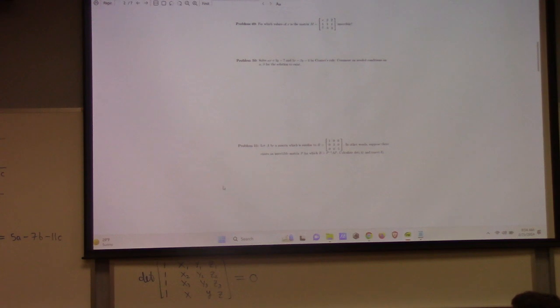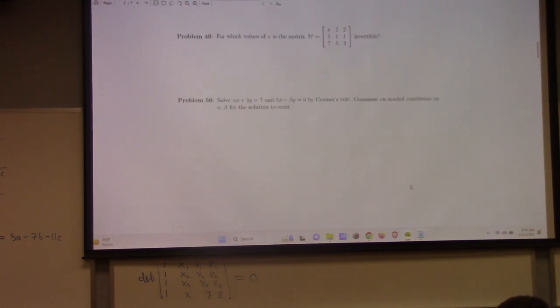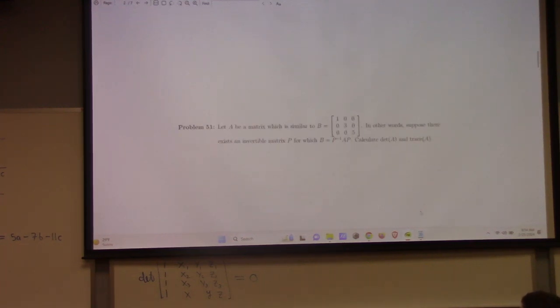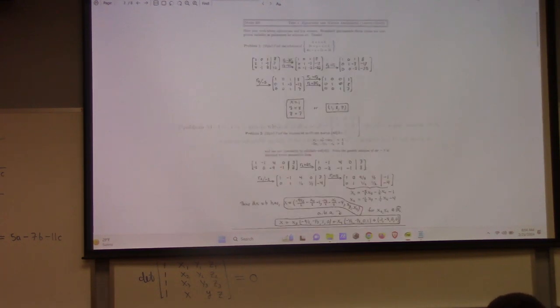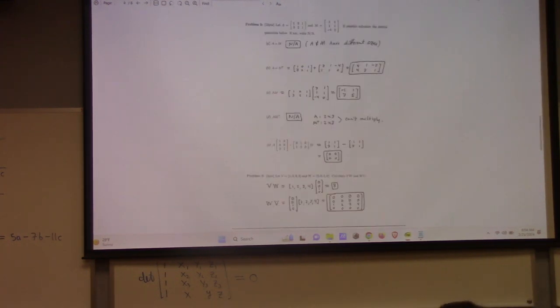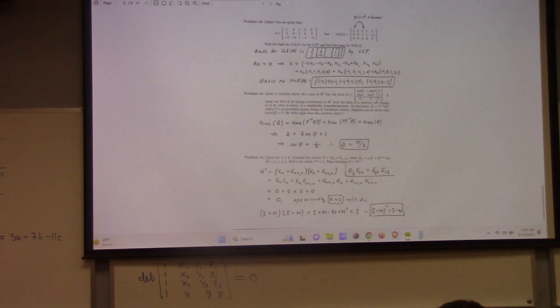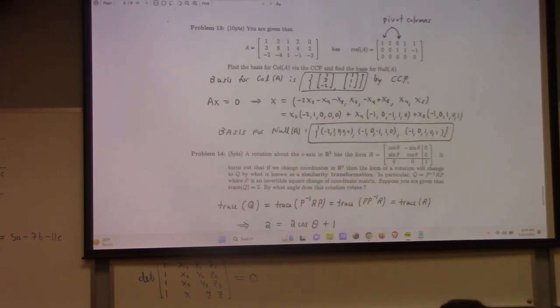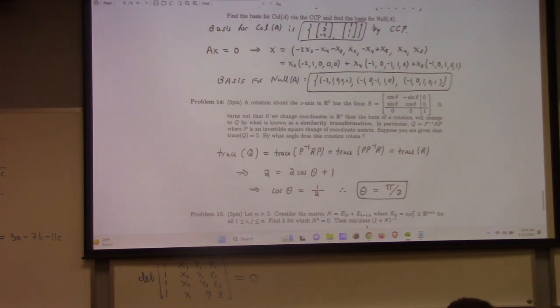Like this one, problem 51. See problem 51 there? I would point out that if you look at the solution to the last test, the last problem, the bonus, actually has essentially what you need there, the idea.